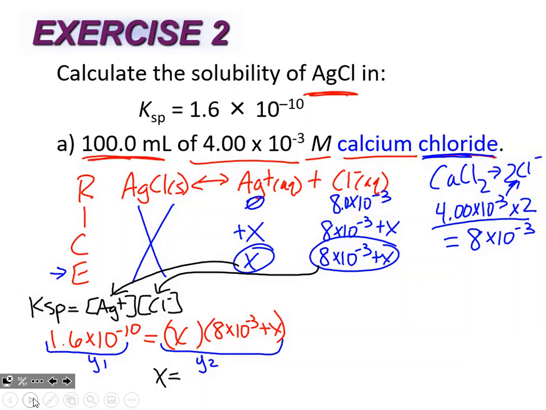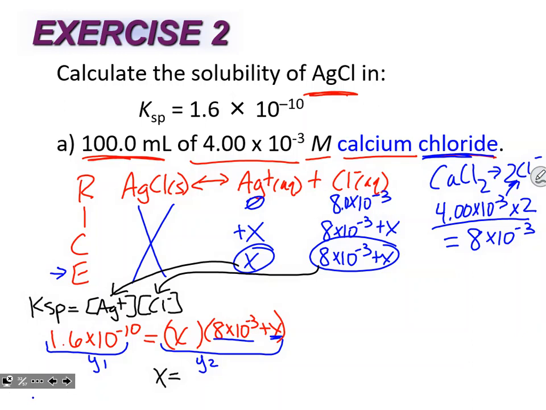Because looking at this 1.6 times 10 to the minus 10, Ksp is a really small number. So what do you think the value of x is going to be? Also very small. X is going to be really, really small too, right? So if we add x to this much larger number here, is it going to matter?